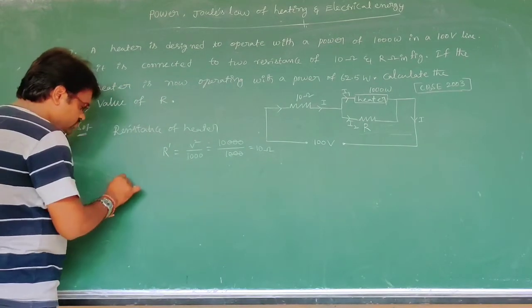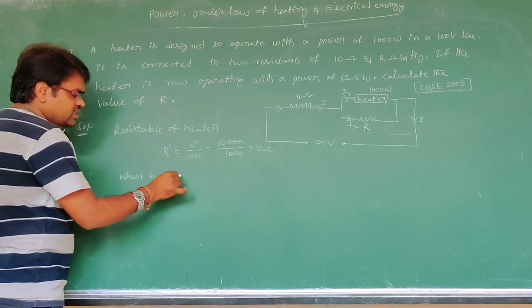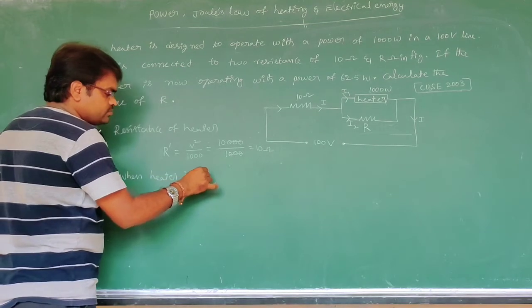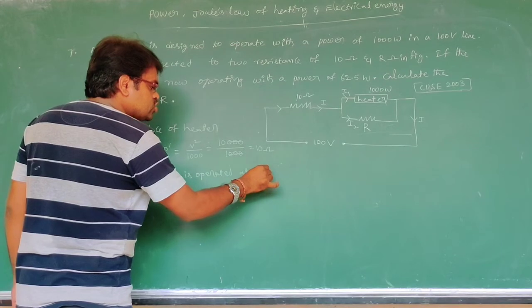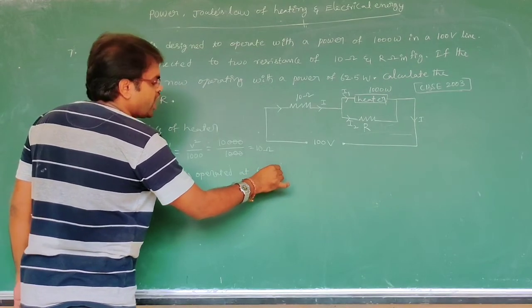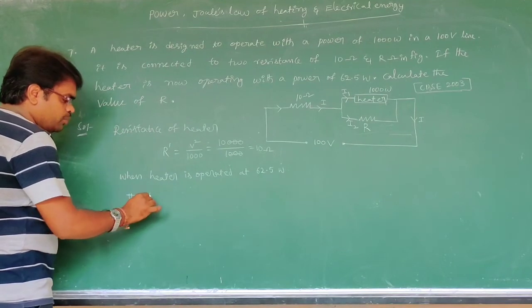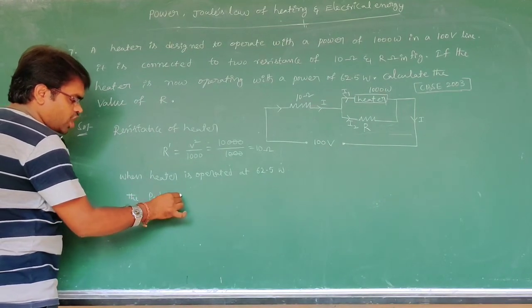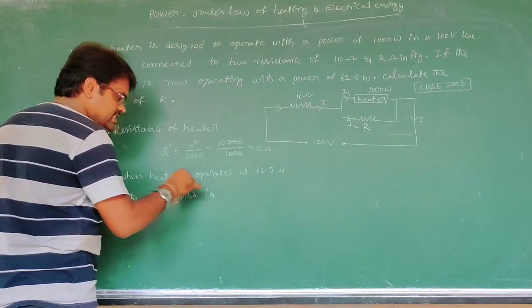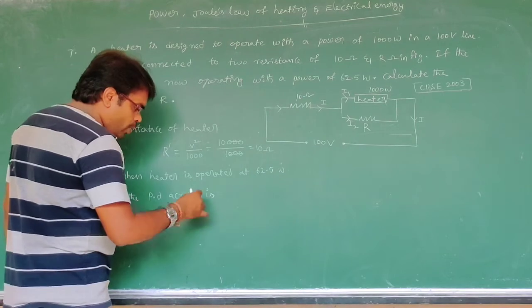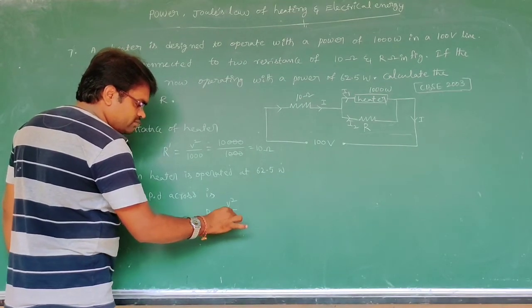When the heater is operated at 62.5 watts, then what is the potential difference across it? Power P is equal to V square by R dash.